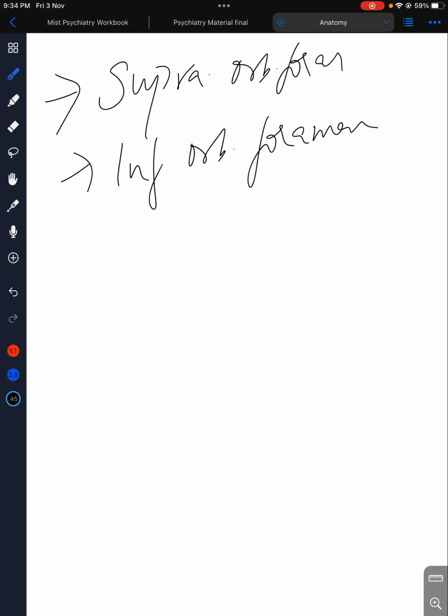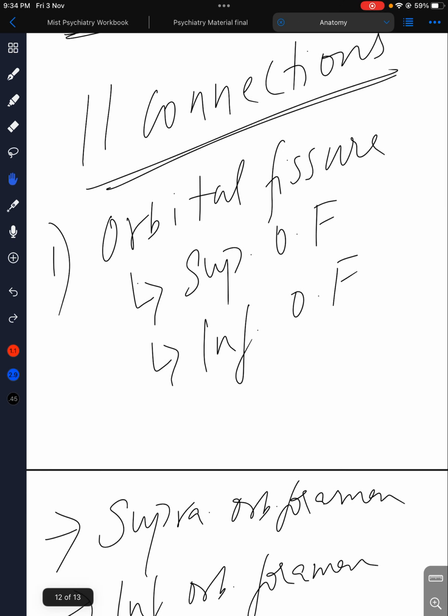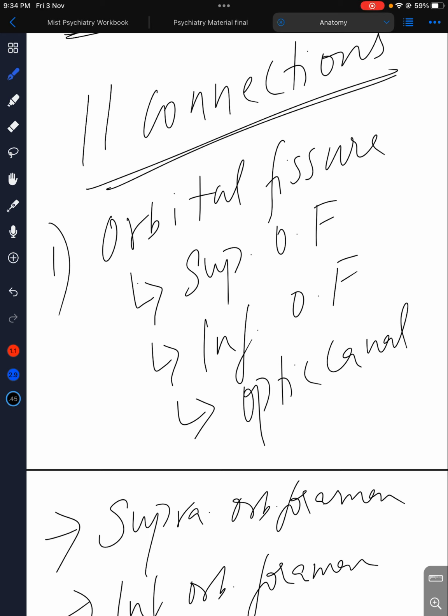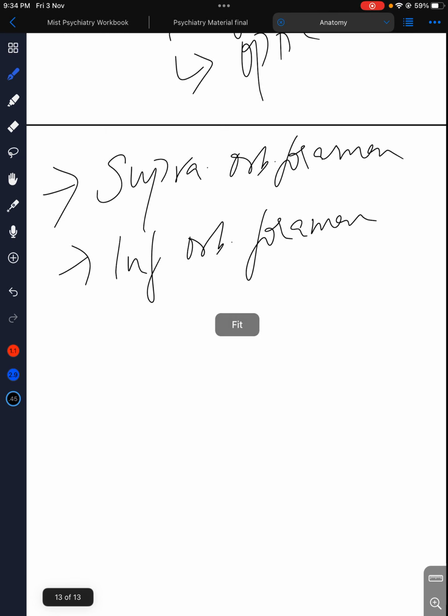So these are also connections of the orbit. And after that, in the sphenoid bone itself, we studied another canal in relation to your orbit, that is your optic canal. Do you remember the optic canal? That is also a connection of your orbit.